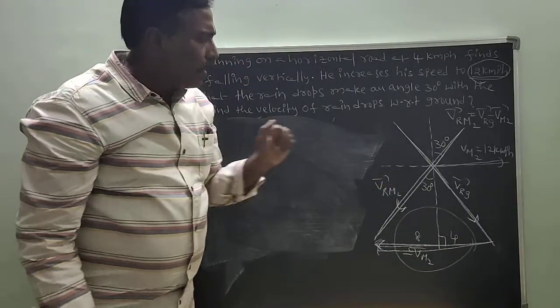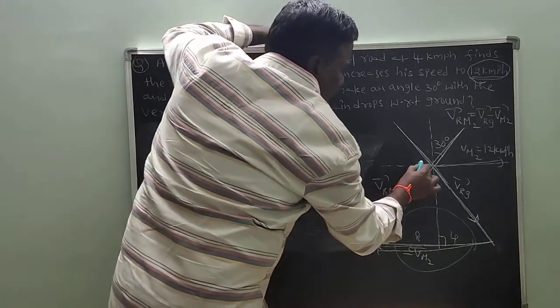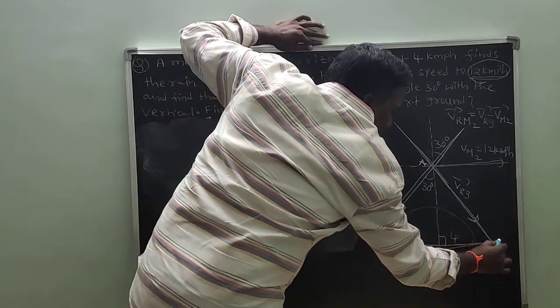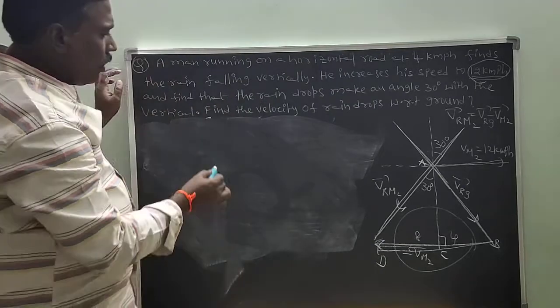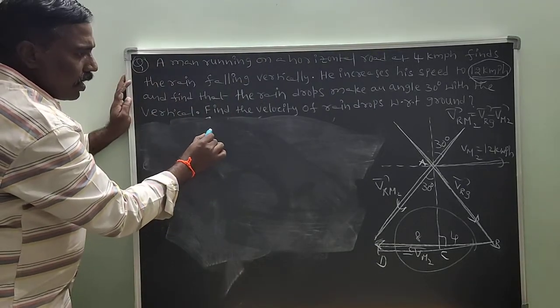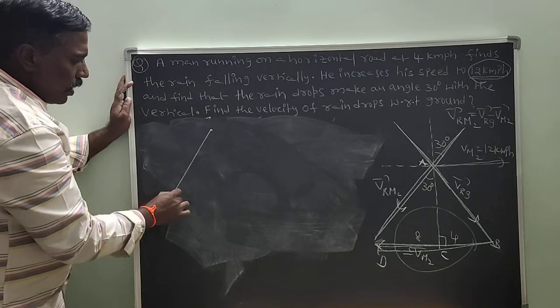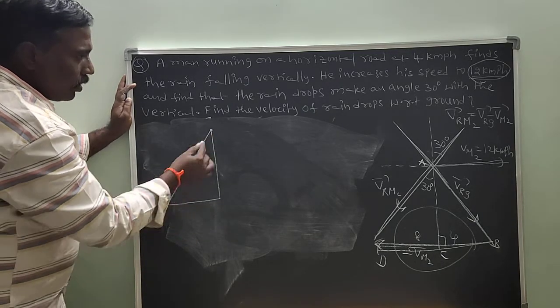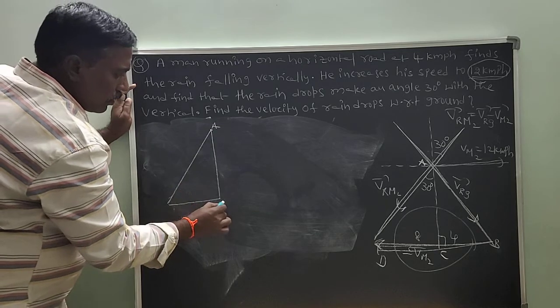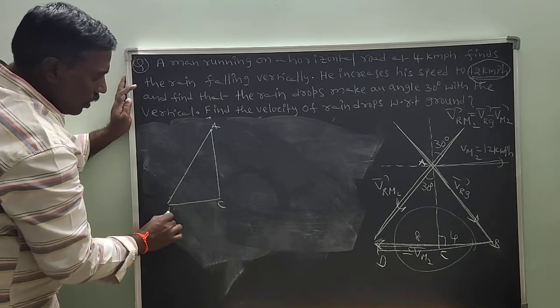Here there are two triangles. One is triangle ABCA. This is ACD.